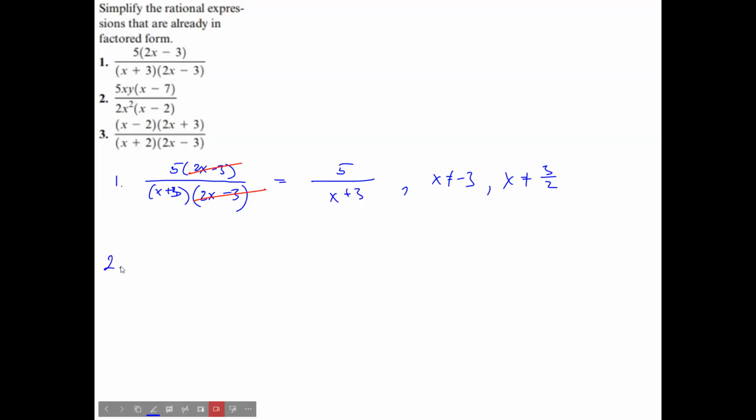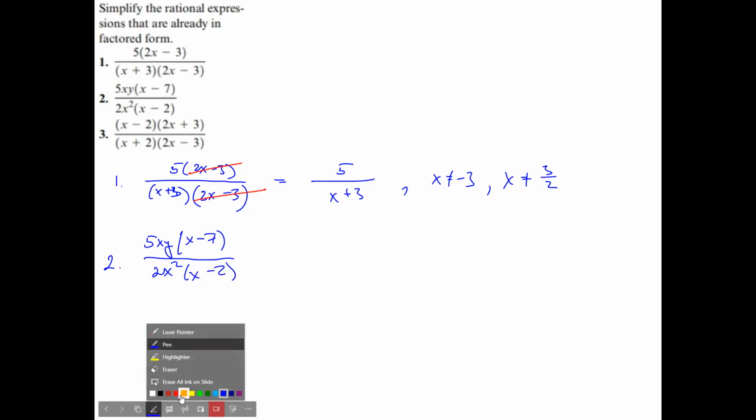Okay, the second one. So just that, right?